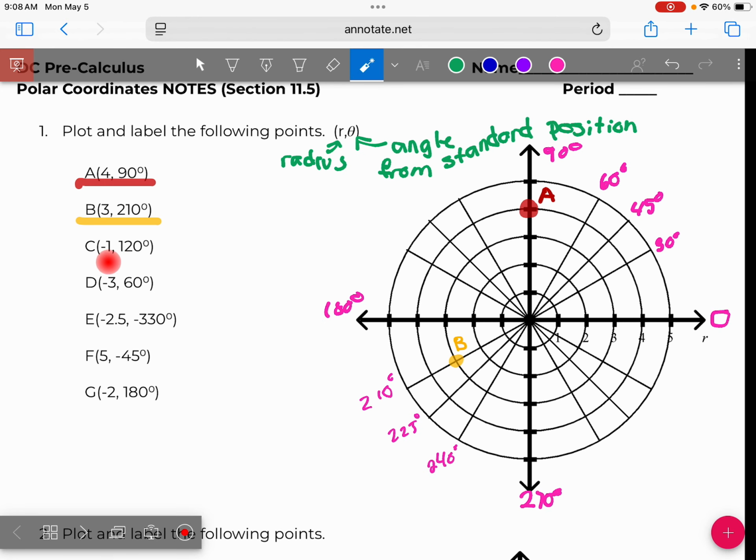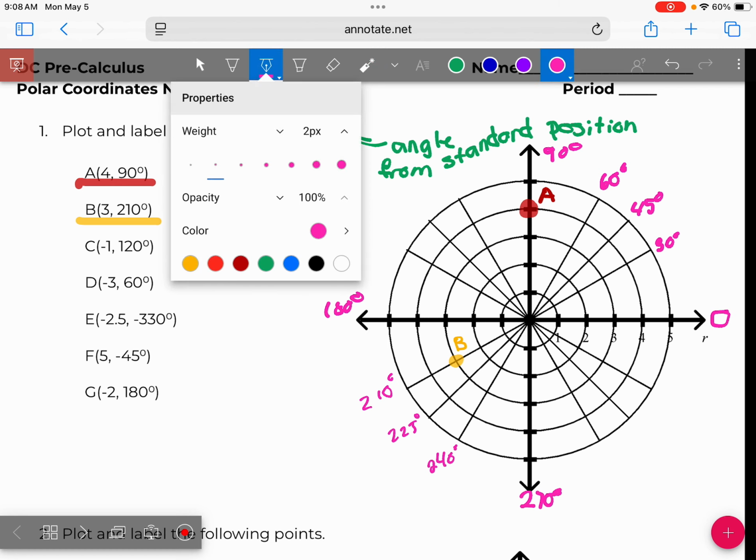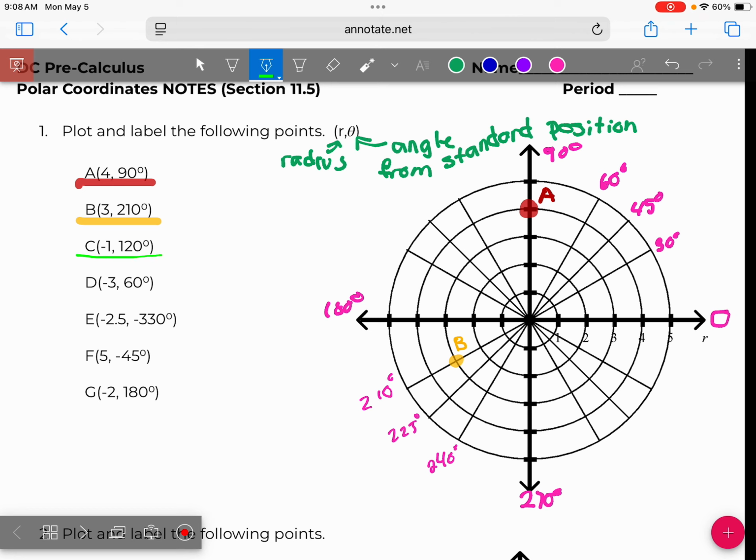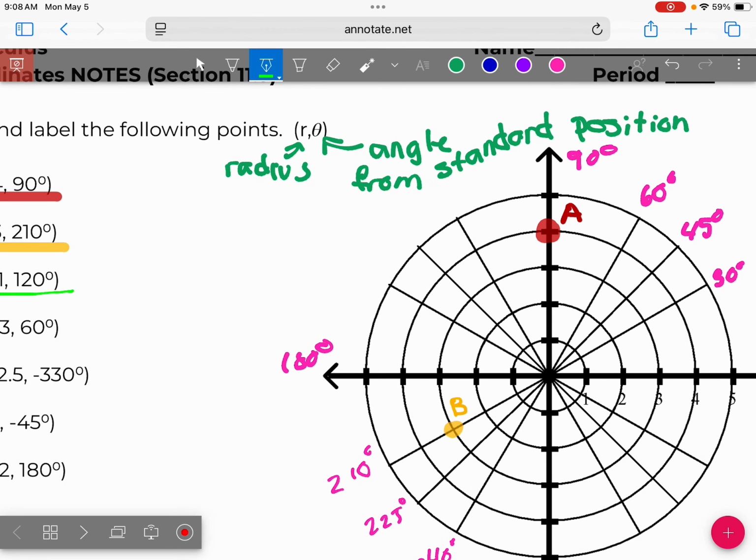Sometimes we're going to get radii that are negative, and that's okay. We can do the same thing, just like with our positive angles that go this way and our negative angles that go this way. Say we have C, which is (120, -1). Our angle 120 is this guy right here.